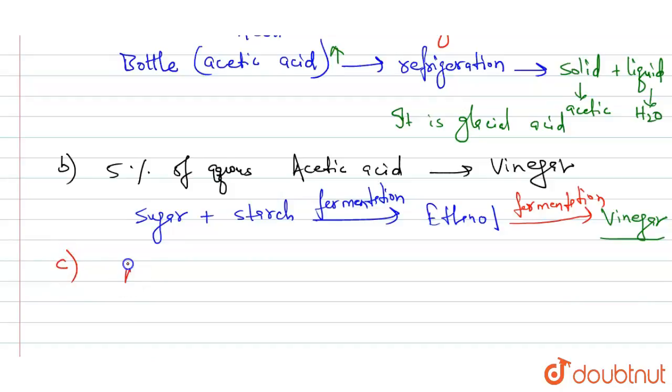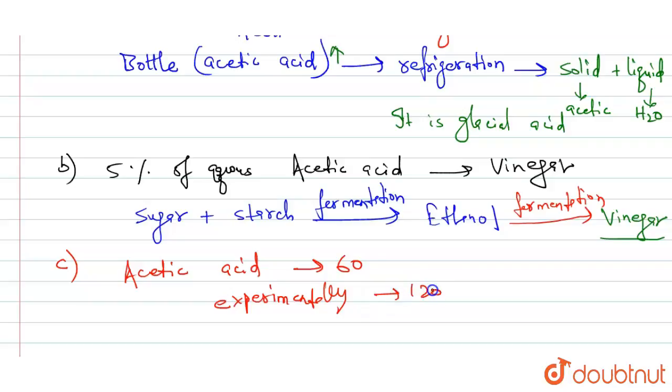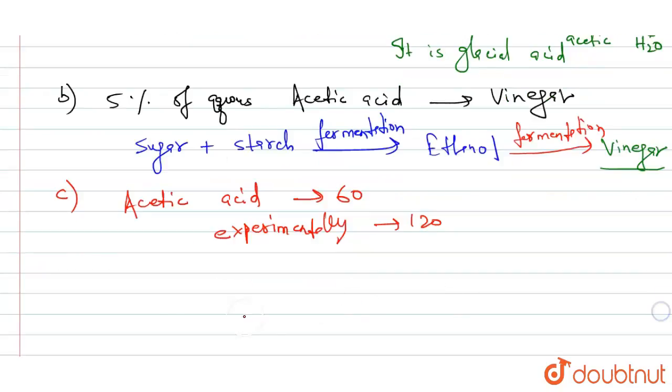As we know, the molecular weight of acetic acid is 60, and if we determine it experimentally, it is 120. Why is it getting doubled? So we have to state the reason why it is getting doubled.